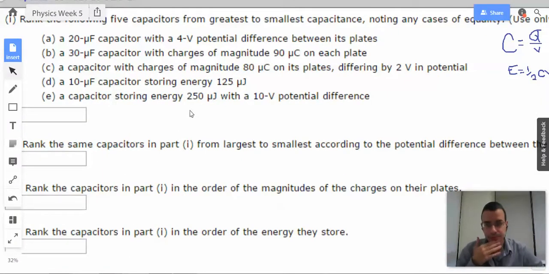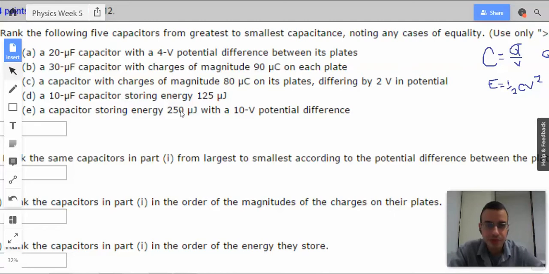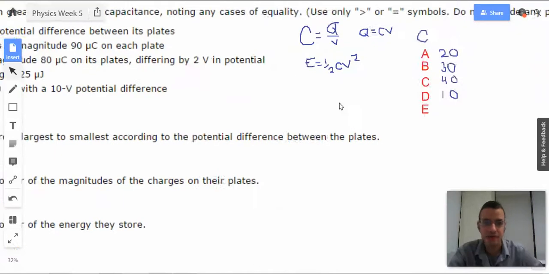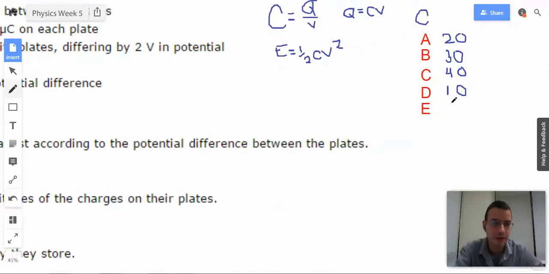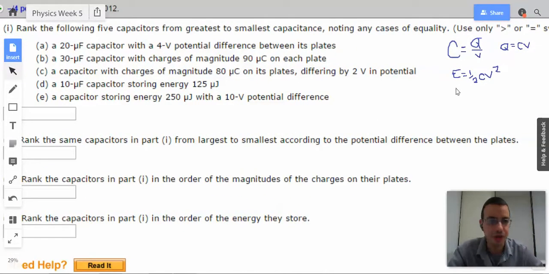The capacitor storing energy. All right, so this is the one I was trying to do. So 250 divided by 10 squared is 2.5. 2.5 times 2, I'm doing this all in my head, would be 5. That seems reasonable. I should probably actually do this one.